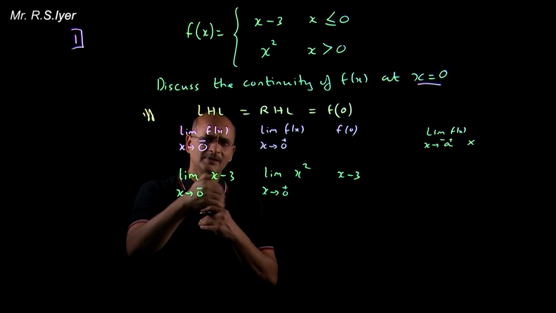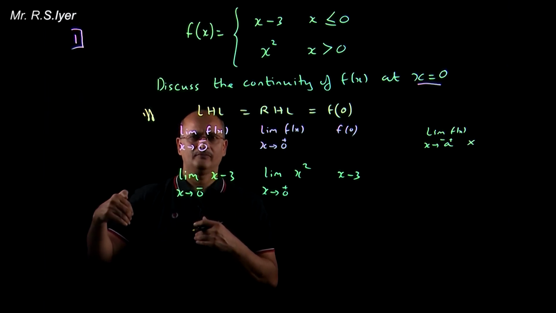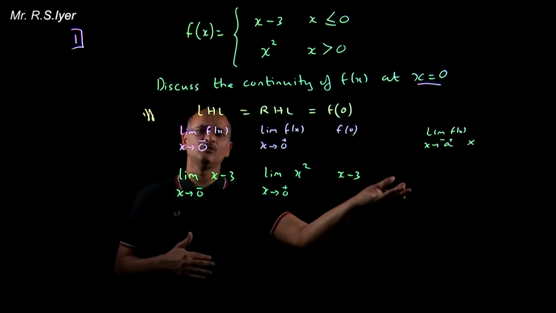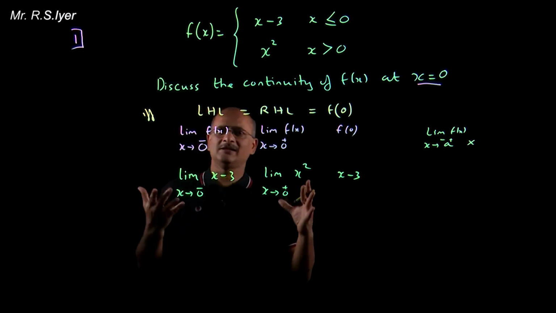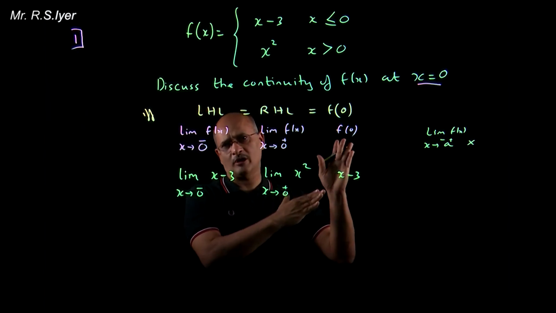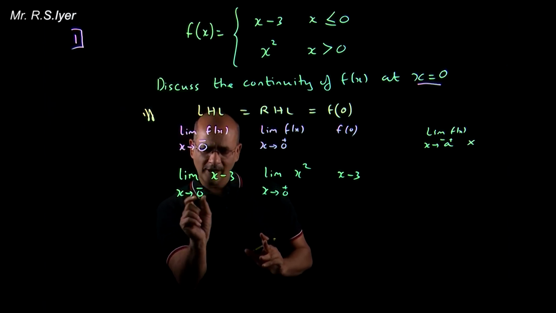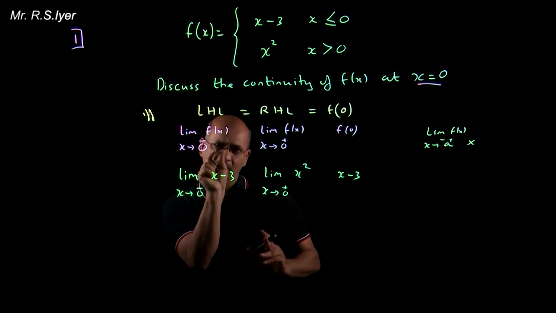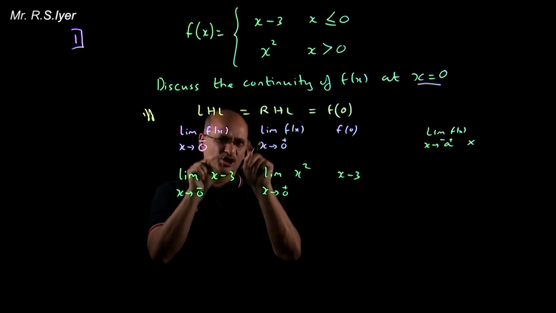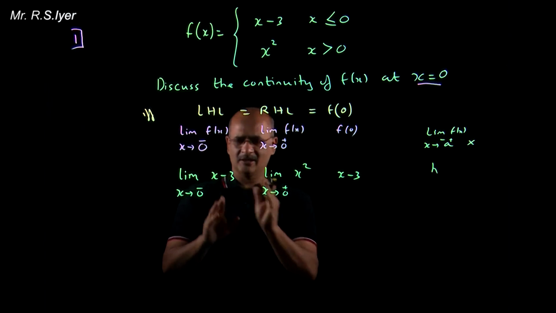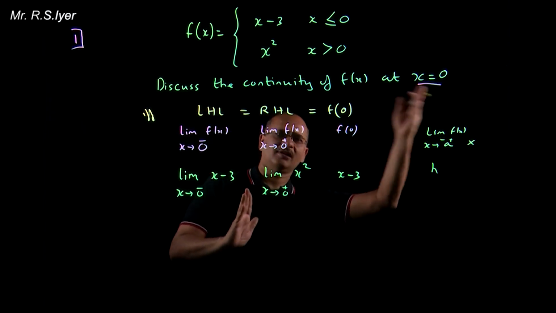Because a minus means any value less than a, and a plus means any value greater than a. So you can't just take a minus accordingly in all the sums. It can't happen. So in place of x tends to 0 minus, I will specify a value. I will take h as a small decrement, as well as, in this case, h as a small increment.